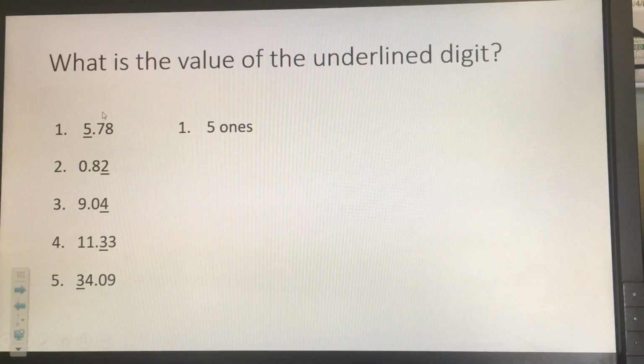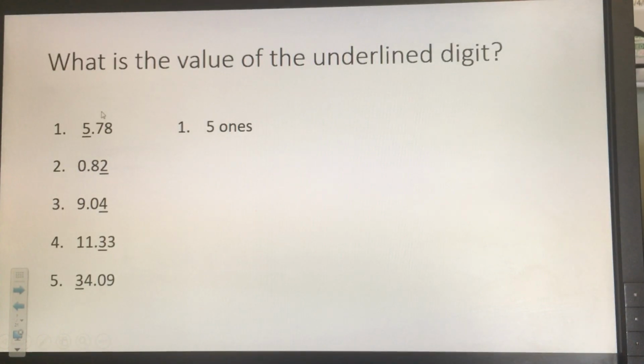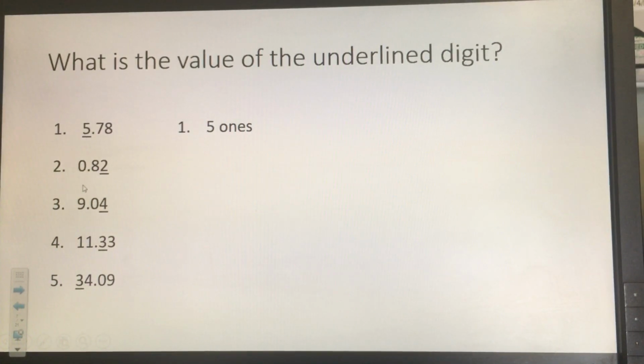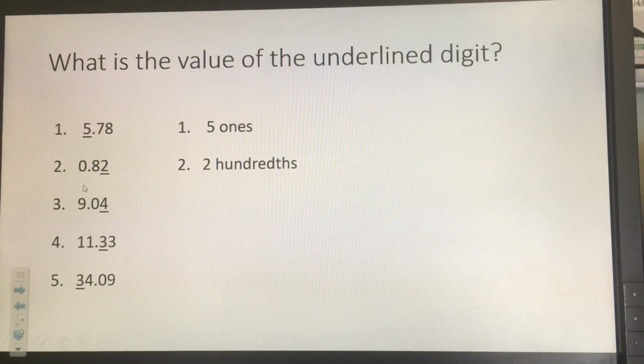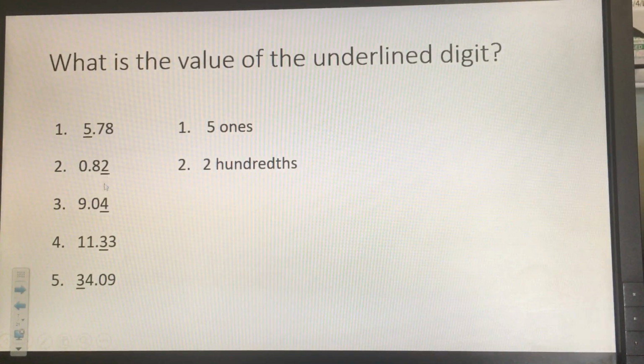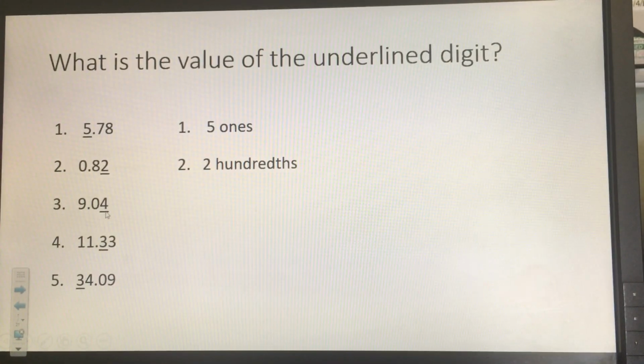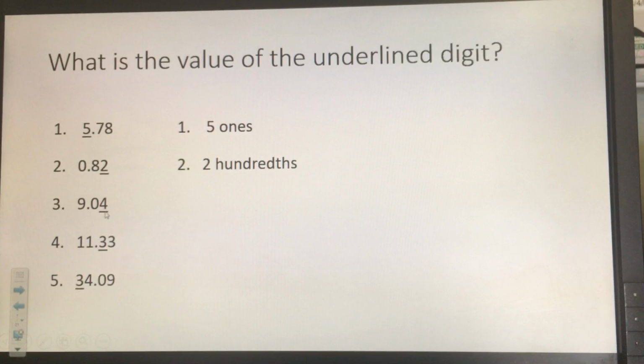So you should all have had a go at that, and I'm going to go through the answers now. So for this second one, 0.82, 2 is underlined, and that is 2 hundredths, because the 2 is in the hundredths column. For the third number, 9.04, the 4 is underlined, and that is 4 hundredths, because it's in the hundredths column.